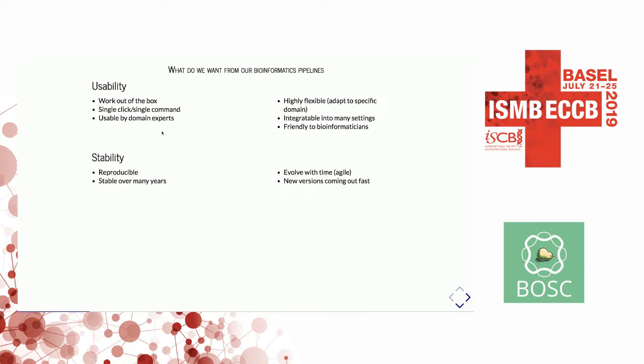Okay, so this is sort of the eierlegende Vollmilchsau slide. So, on the one hand, even with usability, we want things that work out of the box. Bioconda install, run pipeline with a single command or a single click, so that even people who are experts in their biological problem should be able to use it.